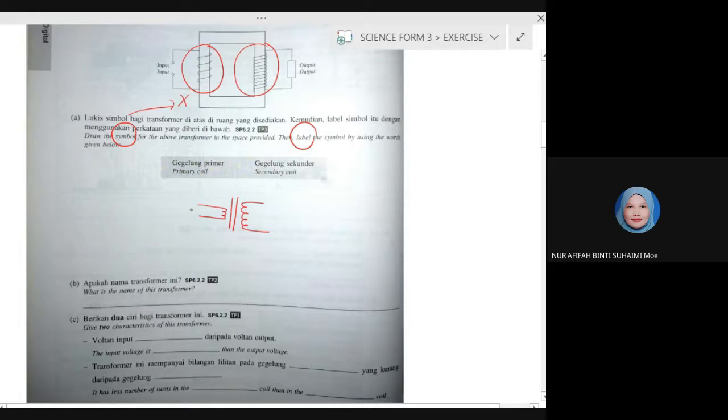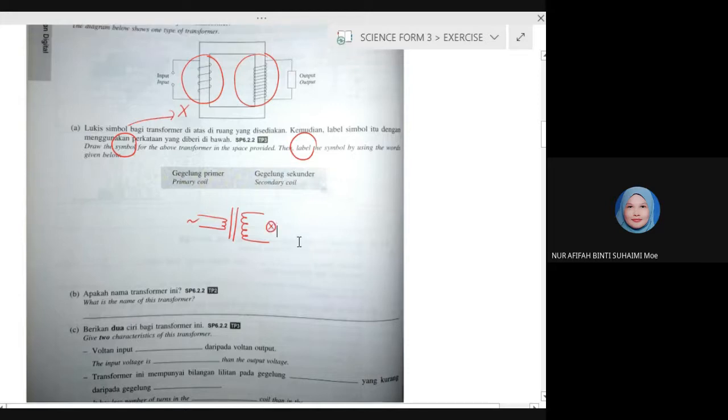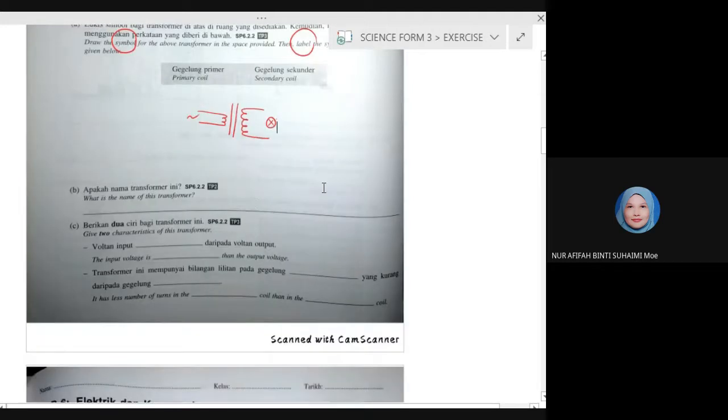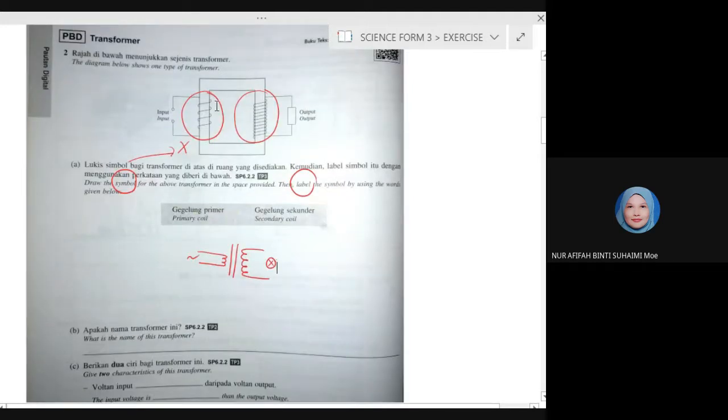Okay, and then the input and output. Be careful with the number of turns. Okay, tengok betul-betul transformer dia punya number of turns of the wire of the coil, the solenoid. Okay, kalau you terbalik salah lah. Okay, if you draw opposite, so your answer is wrong.